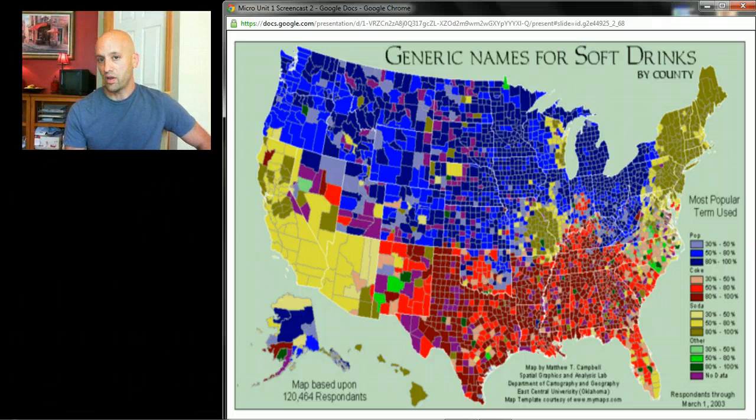If you look in the yellow areas out towards the coasts, where we have things like culture, opera, quality sports teams, decent hip hop music, that's where the civilized people call it soda. If you go down south to that red area, people just get confused and they call everything Coke. I don't know why, but you walk into a McDonald's, if you want Sprite, you say, I'd like a large Coke, make it a Sprite. And they know what you're talking about.